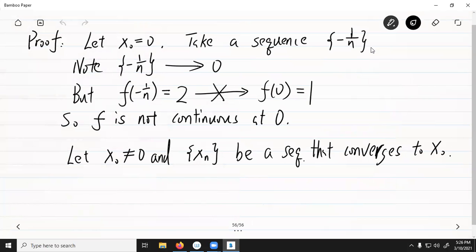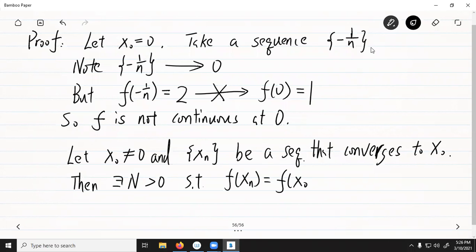Then there exists a capital N greater than 0 such that f of x_n is equal to f of x naught for n greater than capital N. This sentence is just the description of my previous explanation.